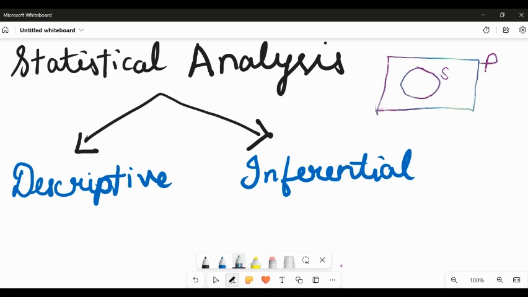But if a person is affected in middle age or a lower age, the recovery rate is higher. So how did they identify this? They took a sample from the data of the people and analyzed it. Based on that, they are predicting, they are making a claim about the population.